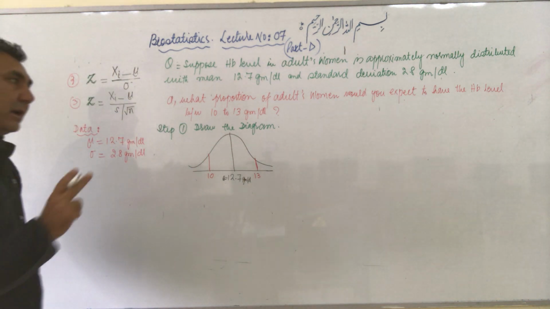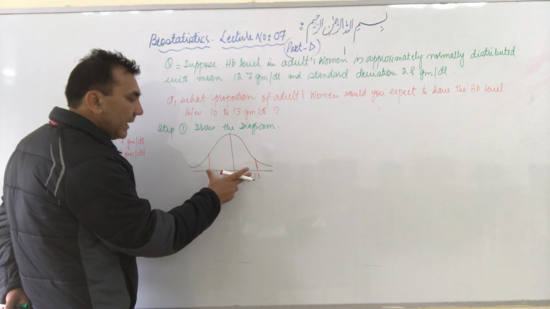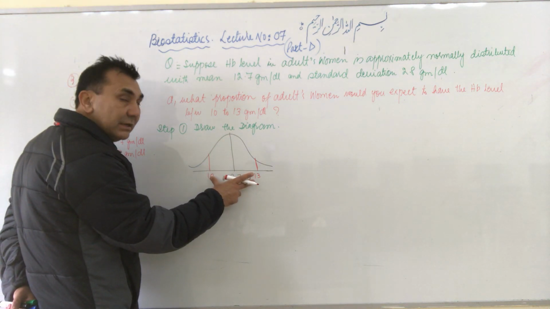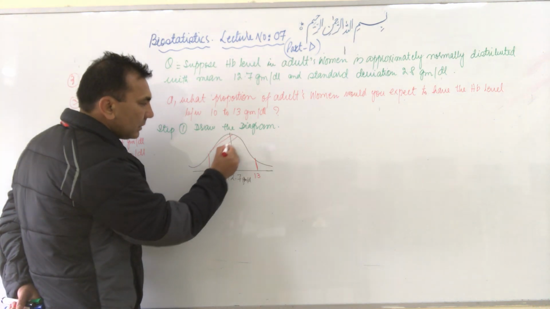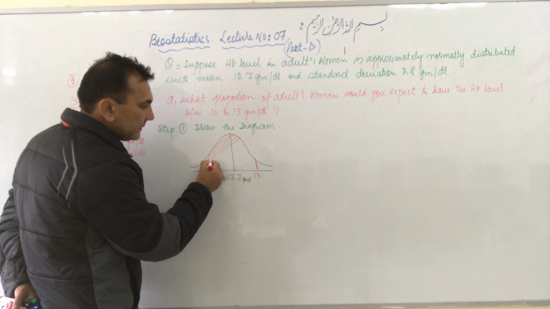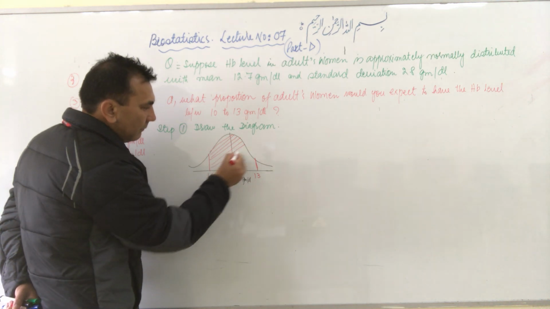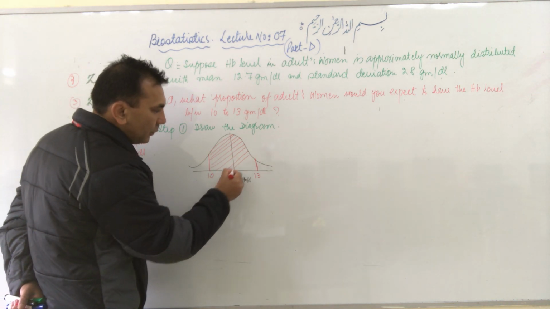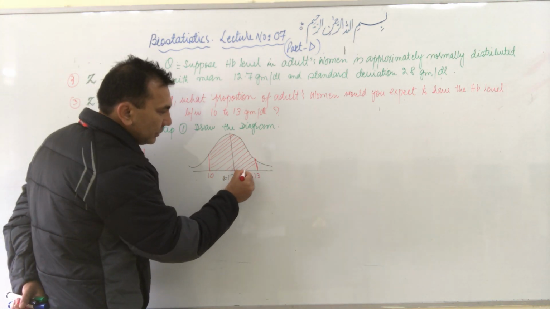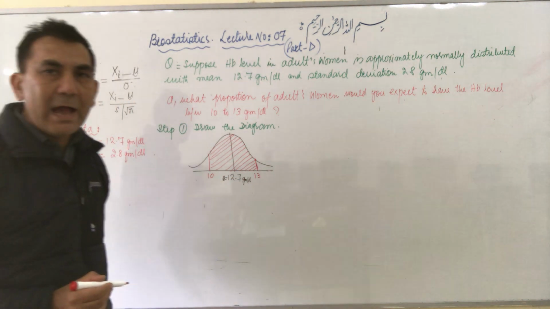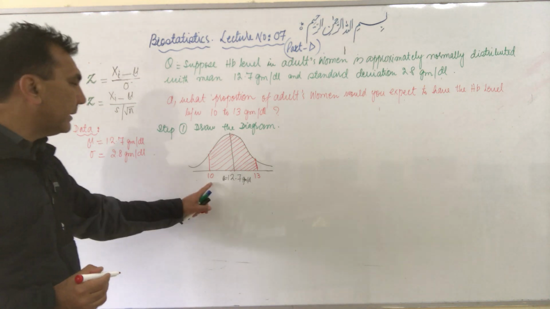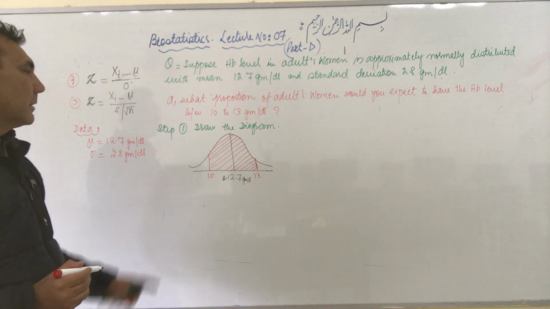We are concerned about this area: we will find the proportion or percentage of adult women with a hemoglobin level between 10 and 13.